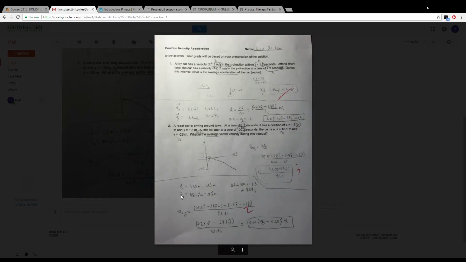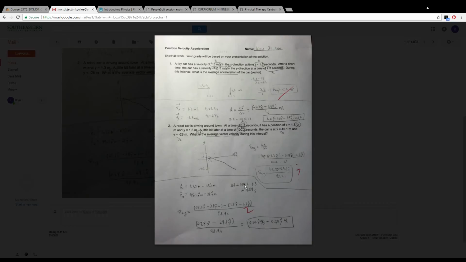So in the initial r, 1.3 meters in x direction and 1.3 meters in y direction, and we'll have 45.1 meters in x direction and negative 28 meters in y direction for the final r.